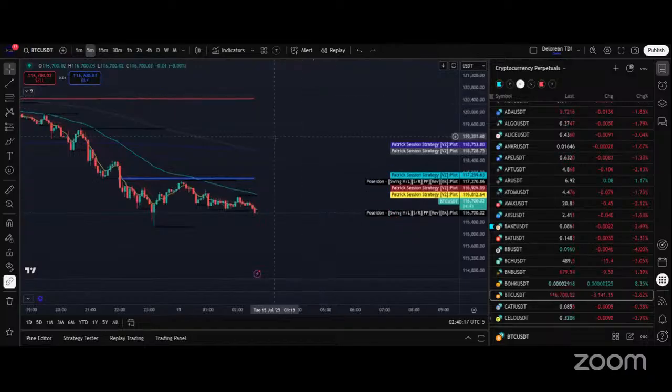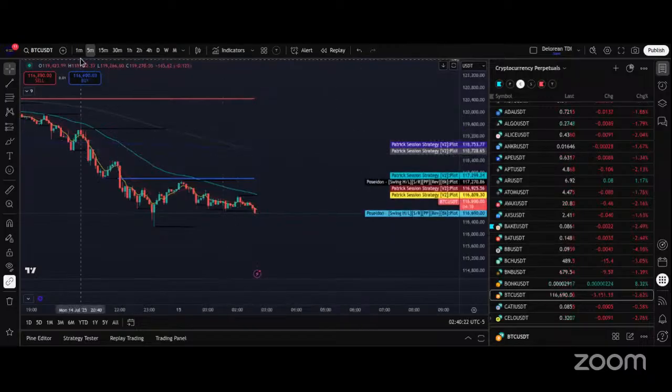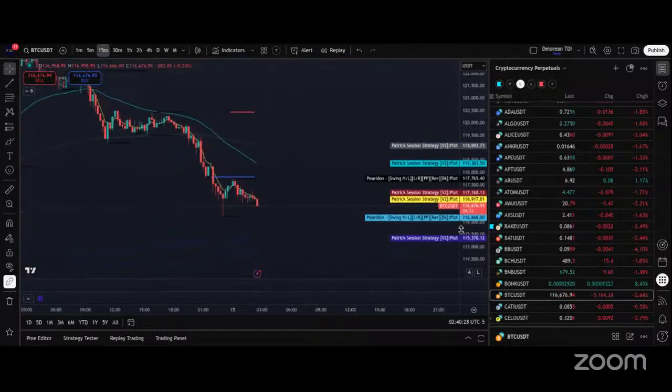We have the cross of the 800 and the 200 EMA. It's now a confirmed downtrend on the 5-minute. So now we'll look at it on the 15-minute with price heading for 115,370 as price continues to decline. Not quite sure how much Bitcoin may lose today, but it could get messy.